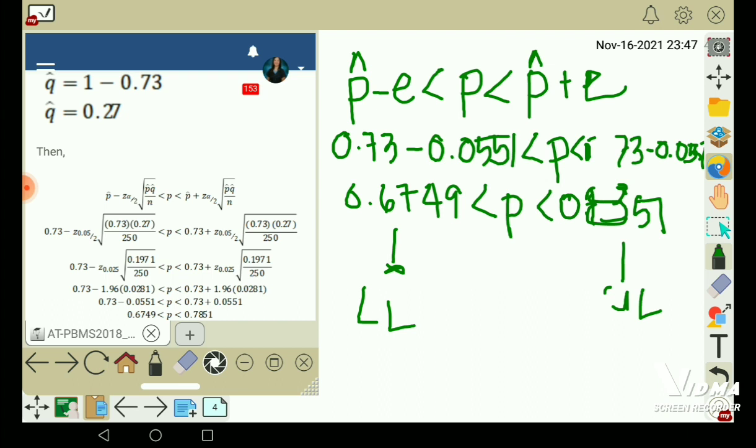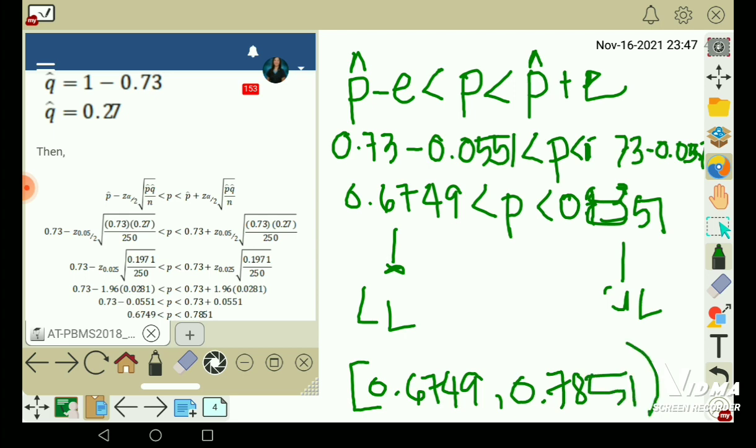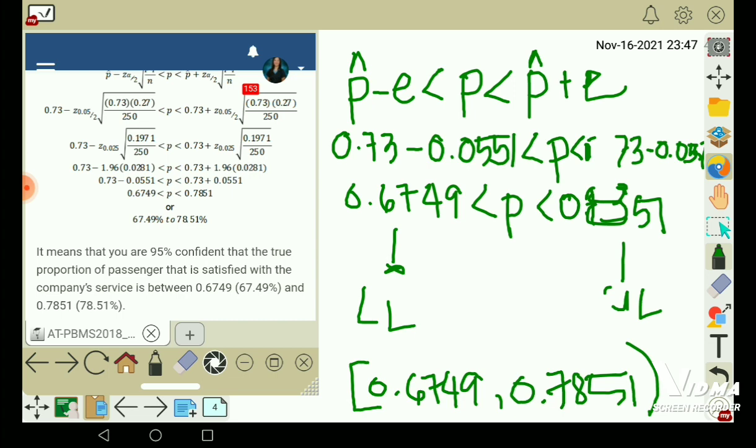Okay, so if we are going to write it down, we have here the interval, which is 0.6749 until 0.7851. Take note that we are going to determine the proportion of passengers that are satisfied, given your 95% confidence interval.